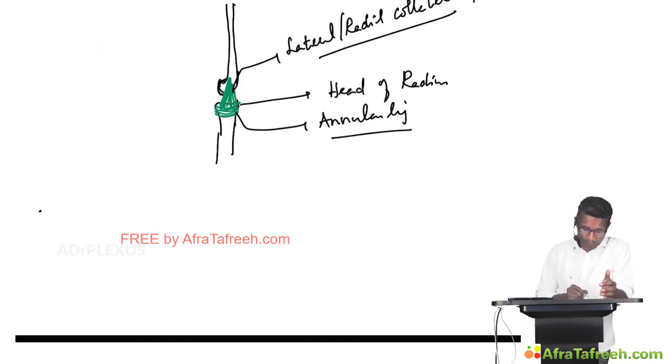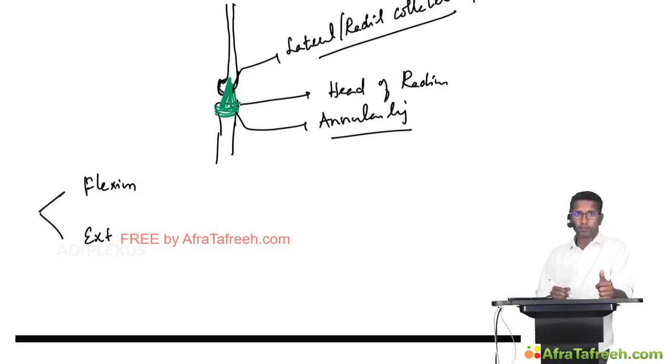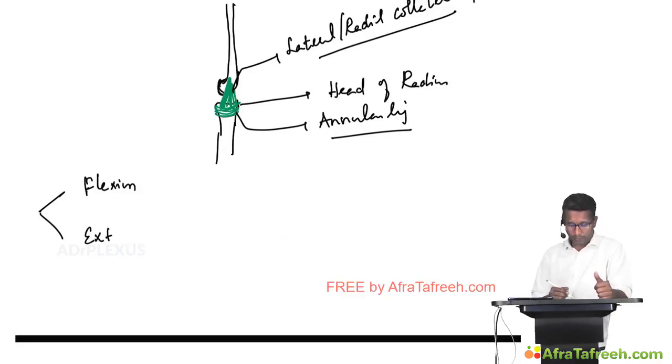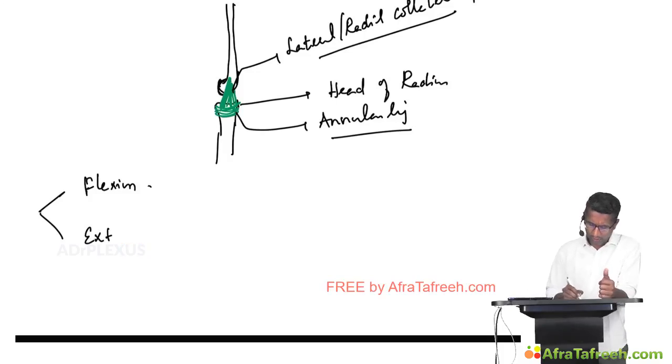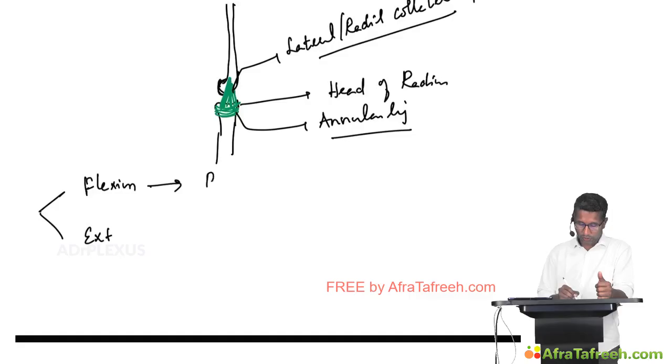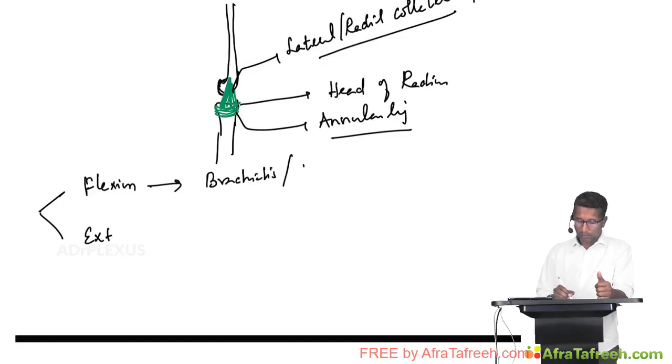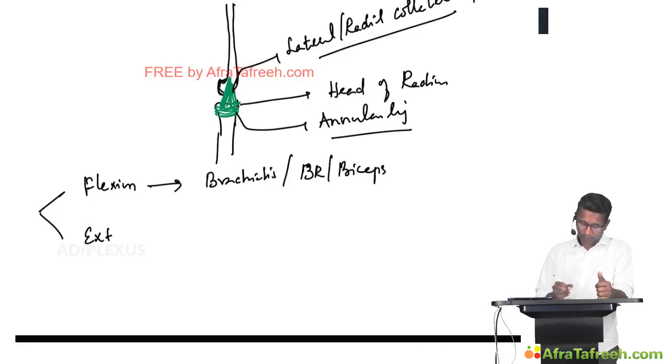So the elbow has got only two sets of movements: one is flexion, another is extension. The muscles which cause flexion of the elbow joint are brachialis, brachioradialis, and the biceps brachii.